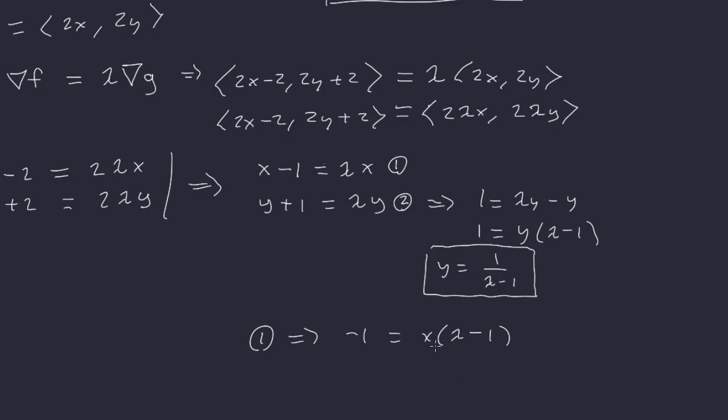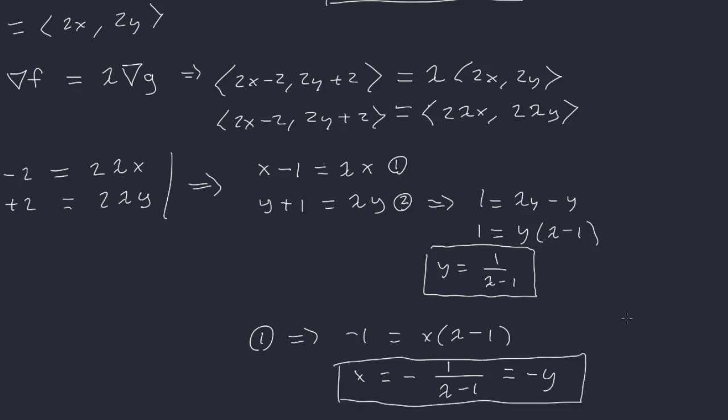Oh, okay. Well, if we divide this through, we get that x is equal to negative 1 over lambda minus 1. So that means that x is equal to negative y. Okay, so that is the important part.